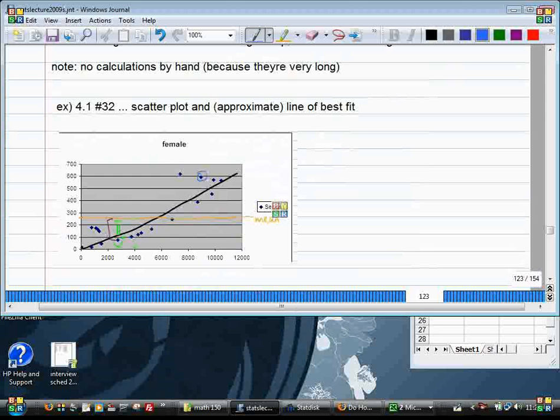But what numbers are represented by that dot? Okay, so approximately 9,600. So which one's x, which one's y? 9,000 is your x. That's on the x-axis. Okay. So is this okay?